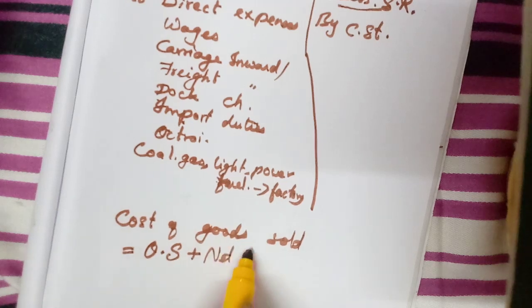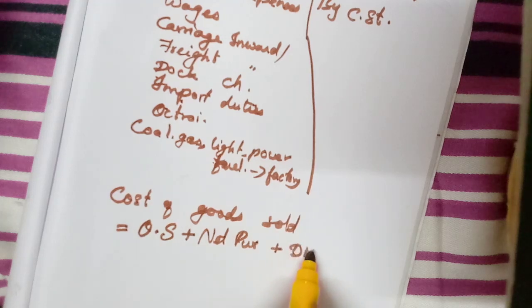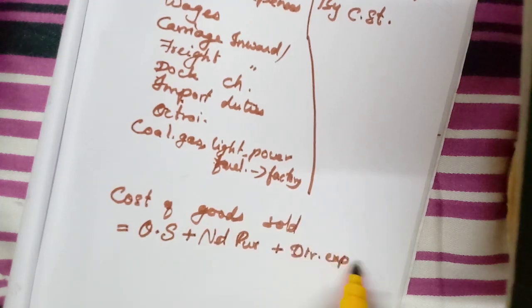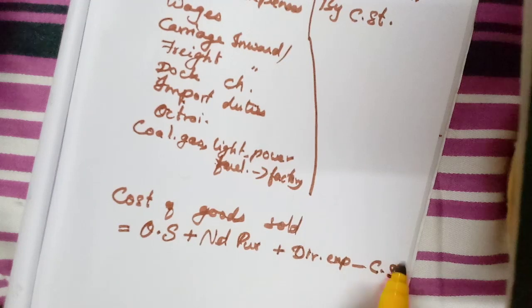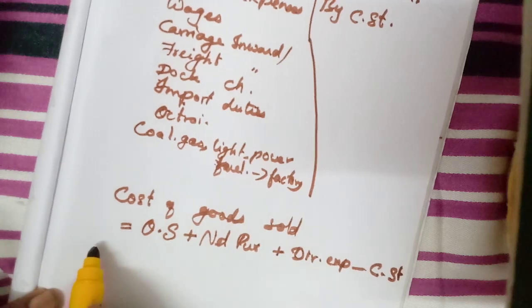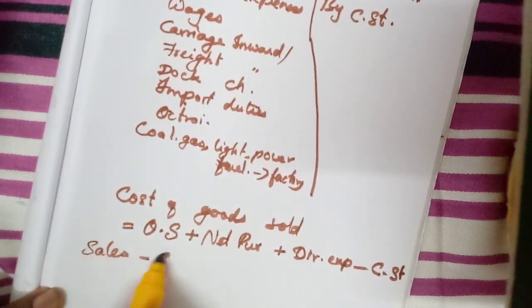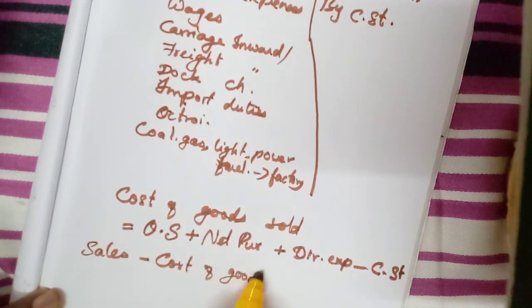Purchases means net purchases. Then add all the direct expenses. Then we need to deduct the closing stock. We will get the cost of goods sold. Then from the sales, if we deduct the cost of goods sold, we will get the profit.